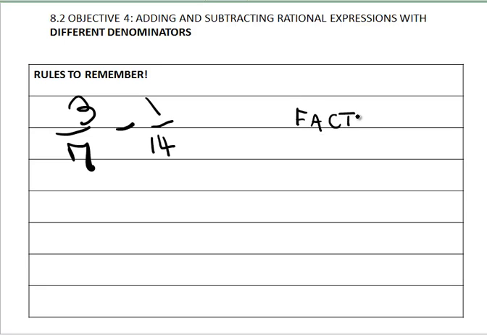I'm going to factor my denominators. So 3/7, those are both prime, but 1/14, 14 is the same as 2 times 7. So the greatest common factor between 7 and 14 is 14, and I'm going to write it like this.